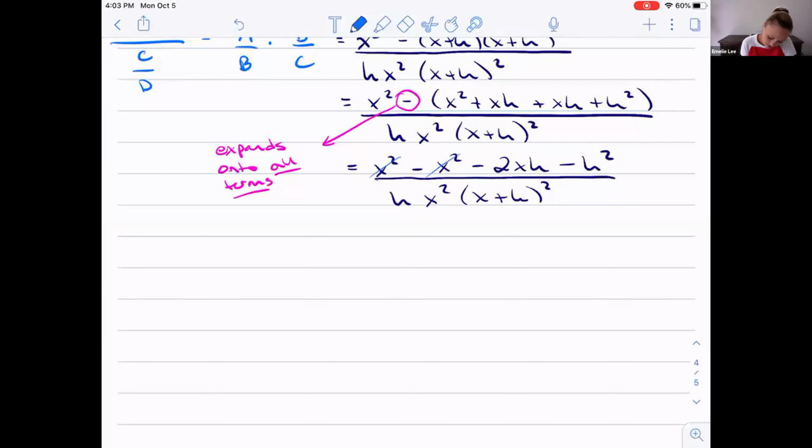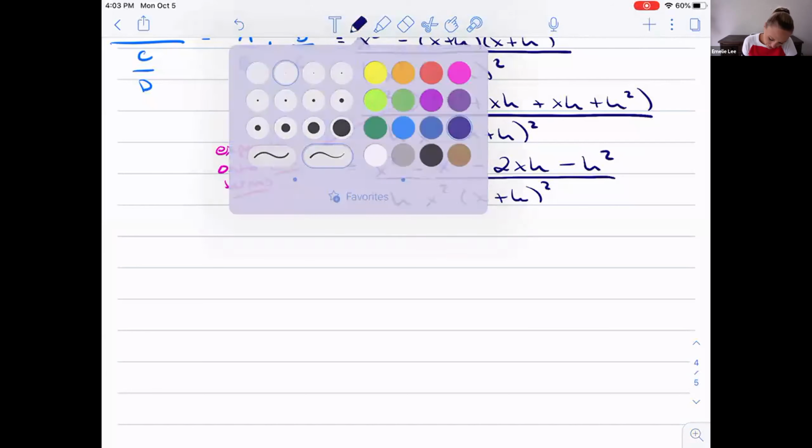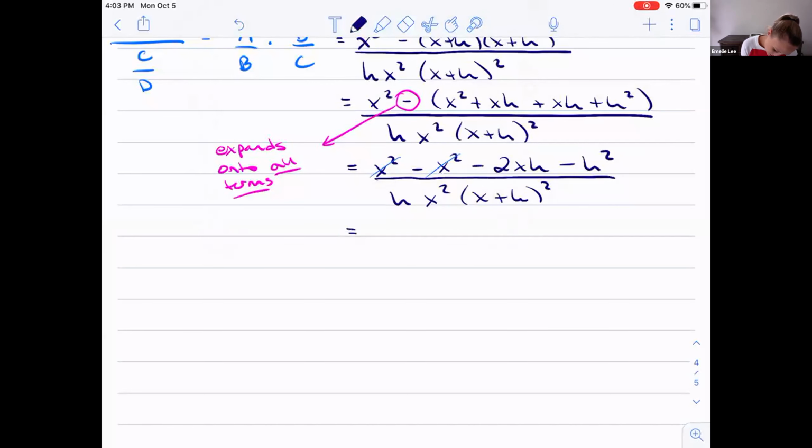So x squared minus x squared, and then I've got negative 2xh minus h squared. So I'll write this out in a couple of steps here. I've got negative 2xh minus h squared over hx squared times x plus h squared.